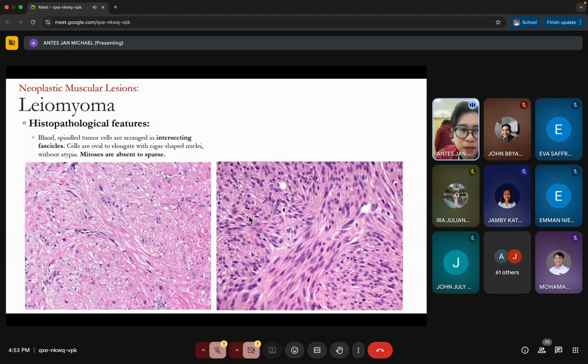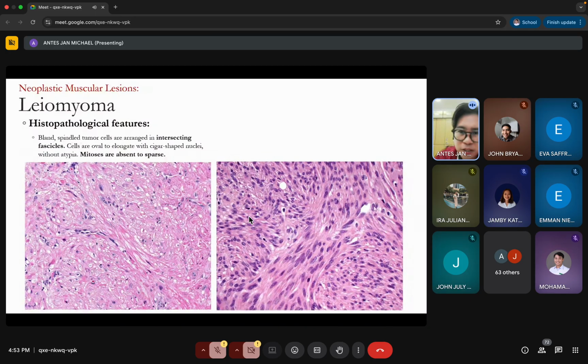Mitosis is not that many; it's absent to sparse. Especially in this section, the nucleus is not very hyperchromatic.